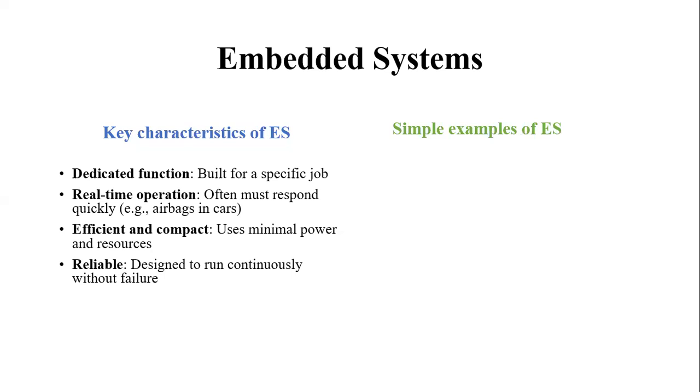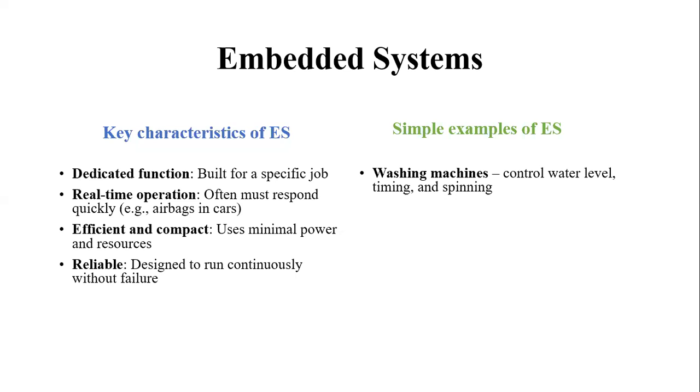So, any example of an embedded system? We have given a lot of examples, and yesterday we also gave some examples. The first one is the washing machine. In a washing machine, what are the major tasks? Controlling the water required to wash your clothes.